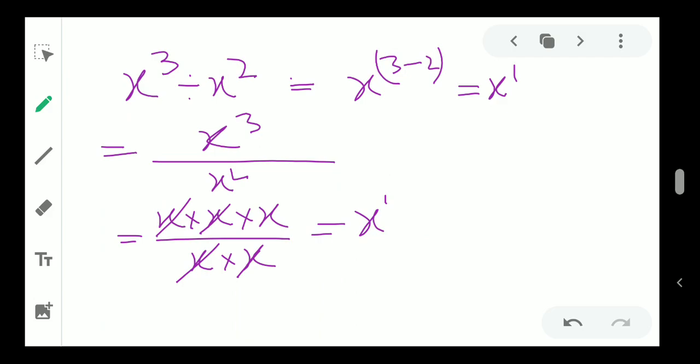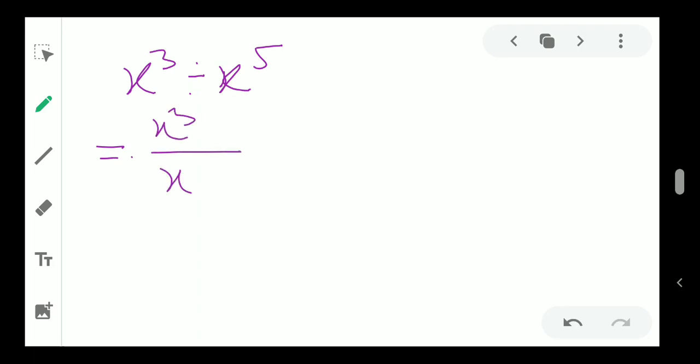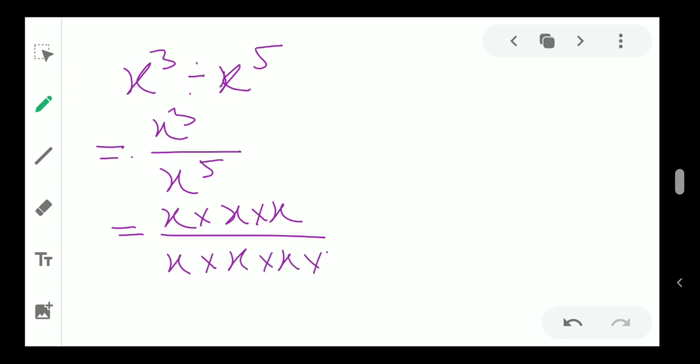Okay, one more example. If we have x to the power 3 divided by x to the power 5, in that case x to the power 3 is upside and x to the power 5 is downside. X to the power 3 means there are 3 x's multiplied with each other, and x to the power 5 means there are 5 x's multiplied with each other. So if we cancel them out, we will have 2 x's multiplied downside.